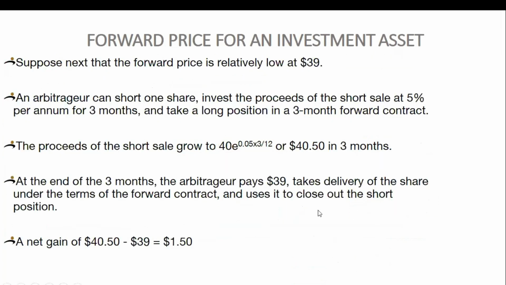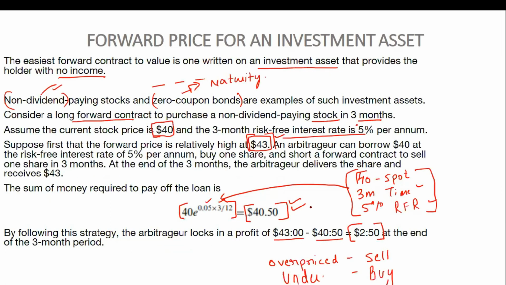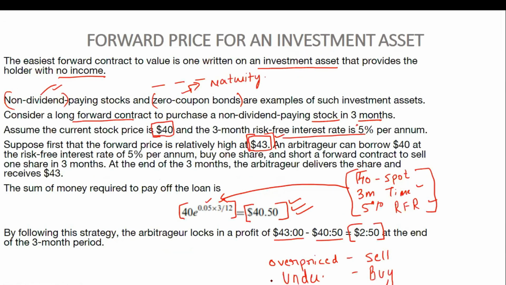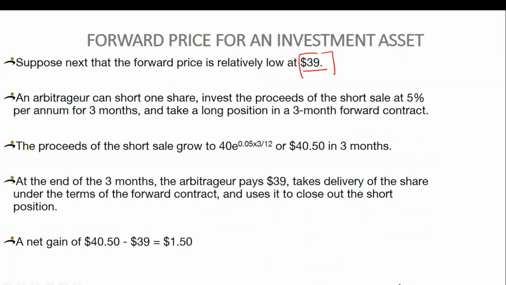Now suppose next that the forward price is not $43, it is $39. Logically it should be 40.5, but the forward price is trading at $39. That means in the forward market, this stock is underpriced. So what we do, we reverse the situation. So here we are going to buy the forward.